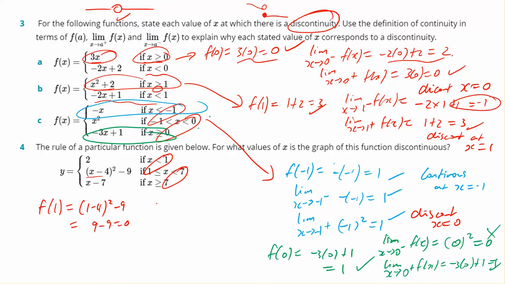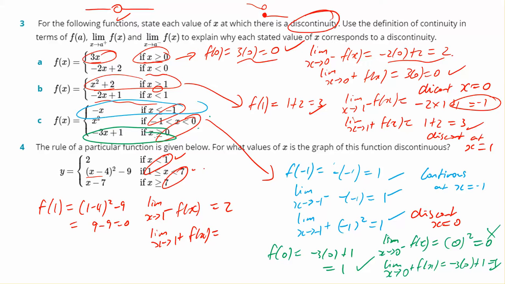Let's check the limit. The limit as x approaches 1 from the left-hand side. The left-hand side is when it's less than 1. We know that the limit as x approaches 1 of 2 is just 2. And the limit as x approaches 1 from the right of f of x, which equation do we use for the right?